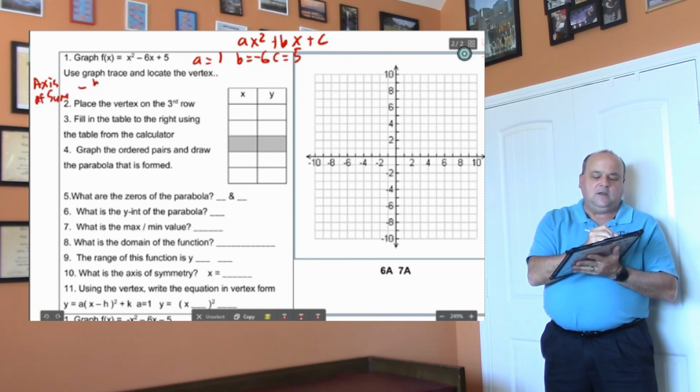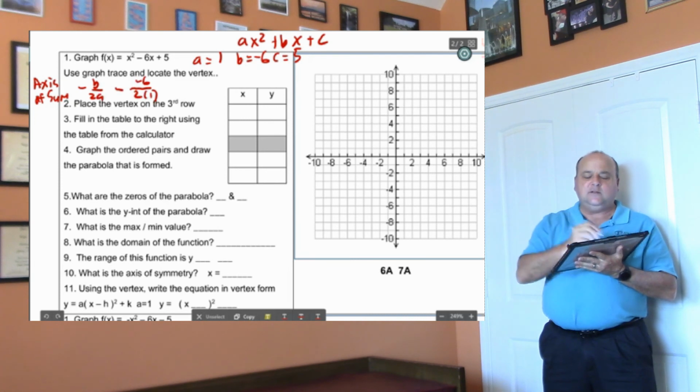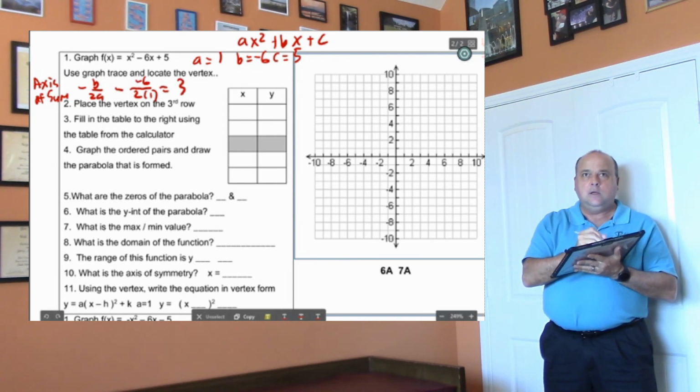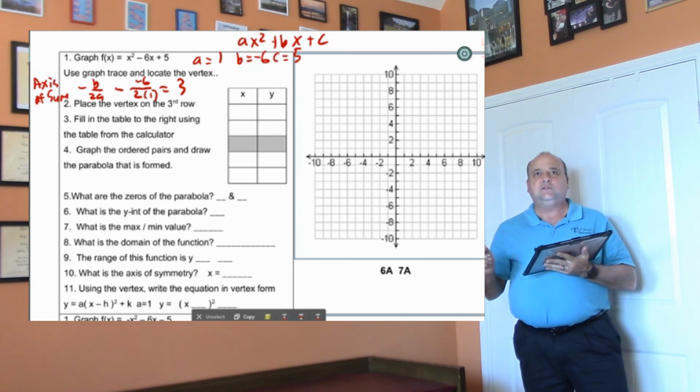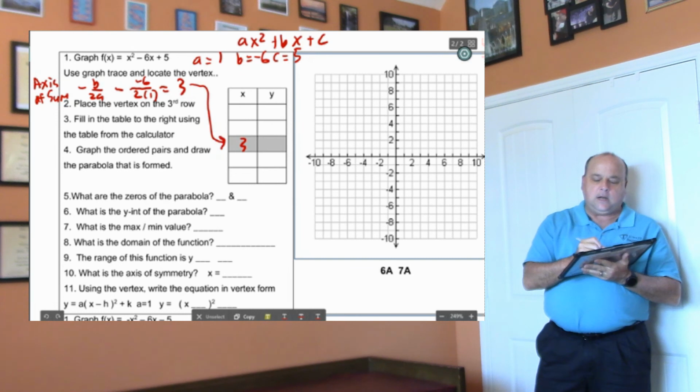It's going to be -b over 2a. My b is -6. My a is 1. So 2 negatives makes a positive. 2 times 1 is 2, so I get 6 over 2, right? Which is 3. That number goes right here.